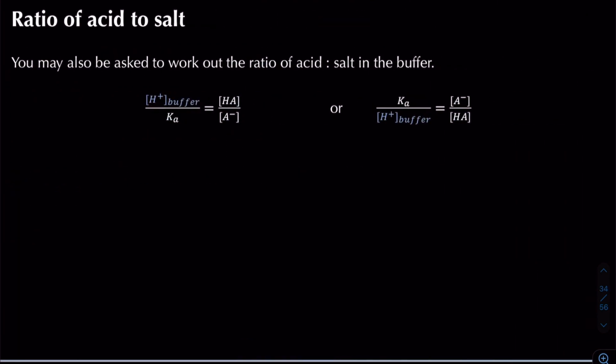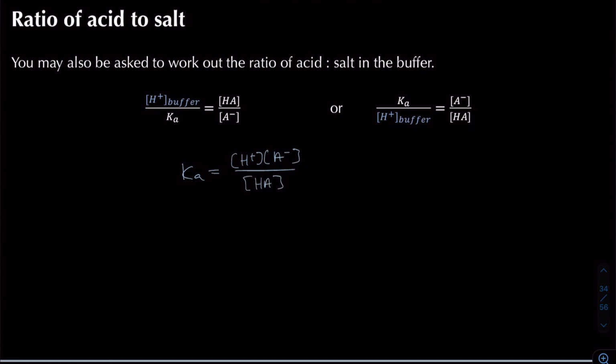So moving on, right, we could also be asked to find the ratio of acid to salt or salt to acid within the buffer itself. So to do that, let's say I take my expression again for Ka, that's going to be equal to the concentration of H plus times the concentration of A minus. I'm just using the general acid in this case, and then I'm going to divide that by the concentration of my acid.